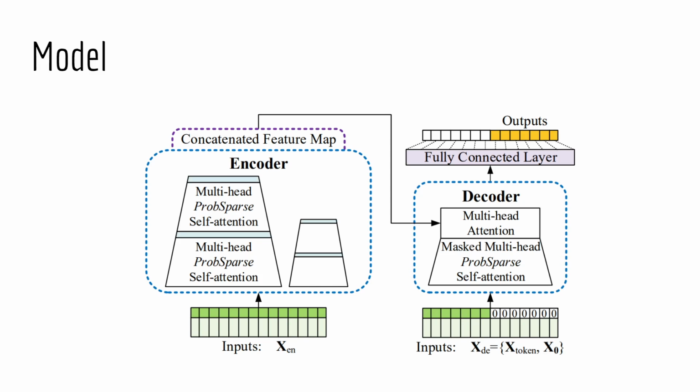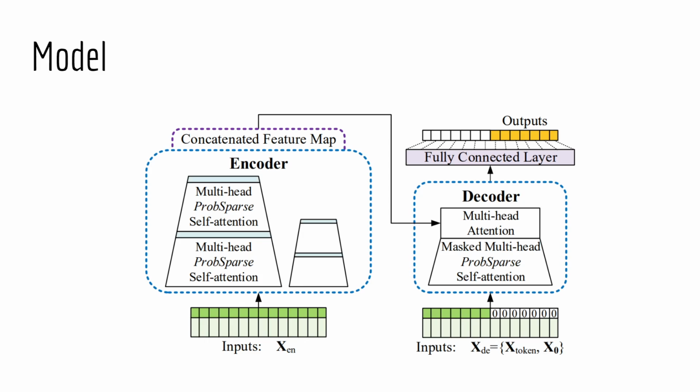On the right is the decoder. It receives a chunk of the input as well, but it pads part of it with zeros. This part is padded with zeros because it is where the predicted output will be after going through the decoder block.